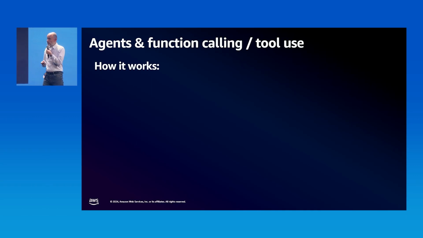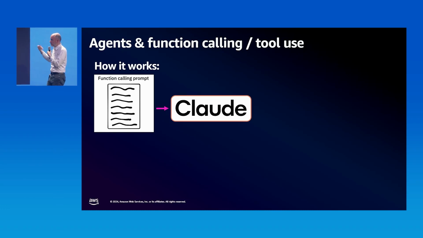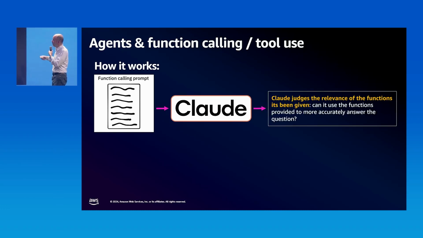So how does it work? Well, first of all, you start by putting together a prompt where you describe to the model, here are the tools you have access to. You put them into Claude as part of the prompt. Claude now decides whether it can answer the question right away, or whether it would like to use one of these functions that you gave it.